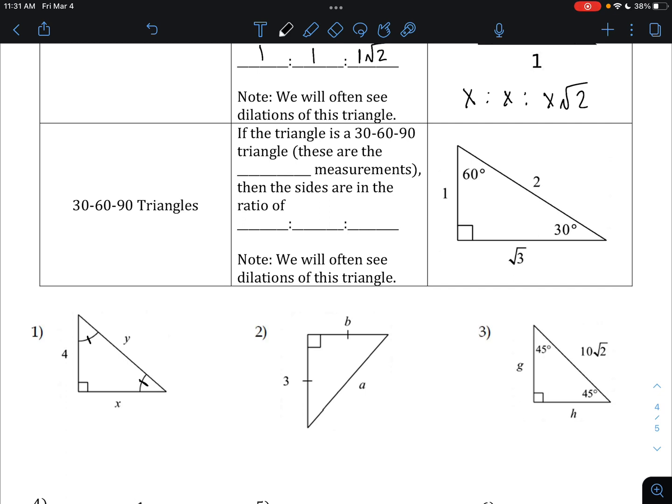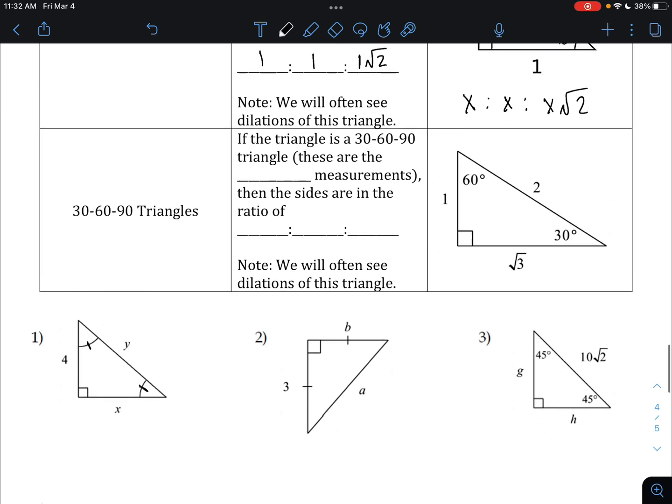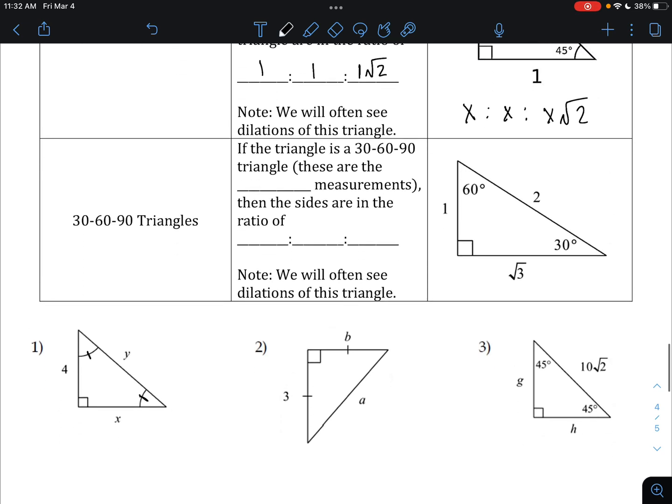This tells me that I have a 45, 45, 90 right triangle. And I know about those triangles that the legs are the same. Now, this value for y is the hypotenuse, because it's across from the right angle. So my other leg, x, is also 4, just like this leg.